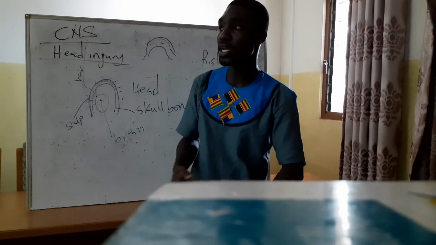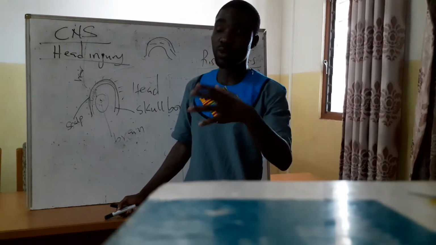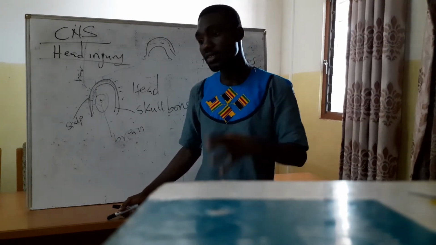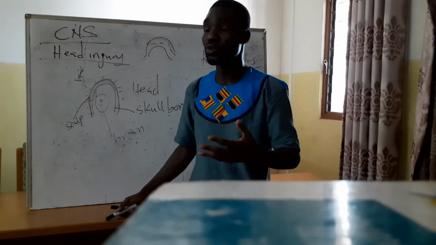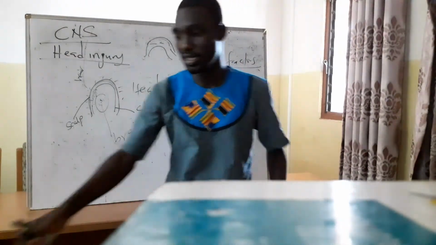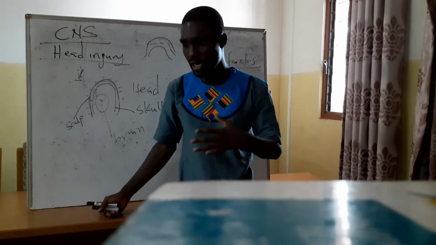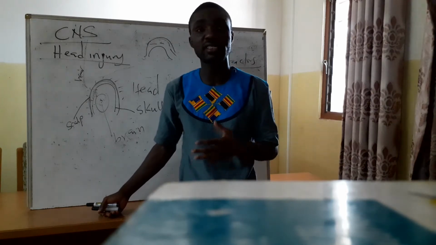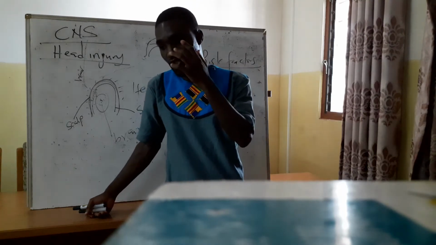Some research work has revealed that males under the age of 25 are mostly involved in a lot of activities that can result in this head injury that we are talking about. And then people who are involved in motor vehicle accidents or motorcycle crashes are also at risk of head injury.